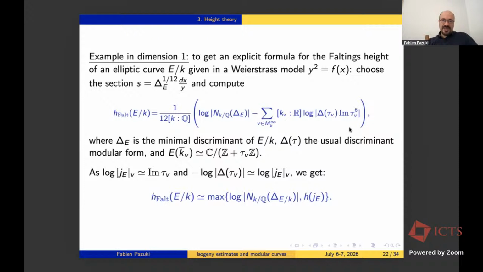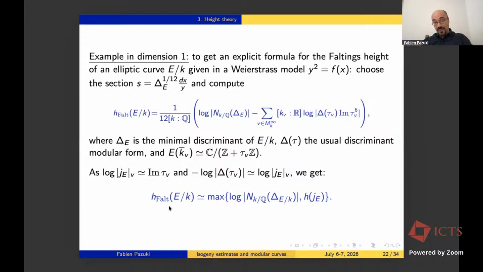Which means basically, up to a small term, log of delta gives you something like log J, and log J is essentially Im tau, which means we have that the Faltings height in this big formula is something like the bad primes and the size of the J invariant, which encodes the isomorphism class in the moduli space.